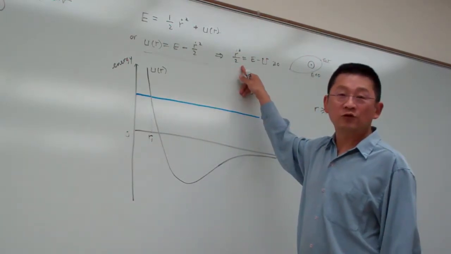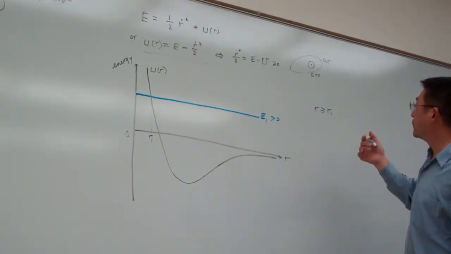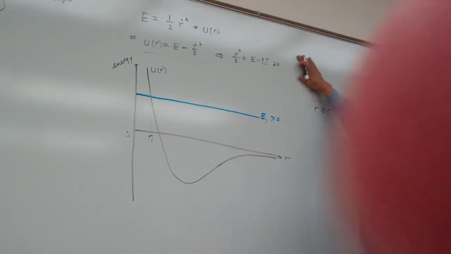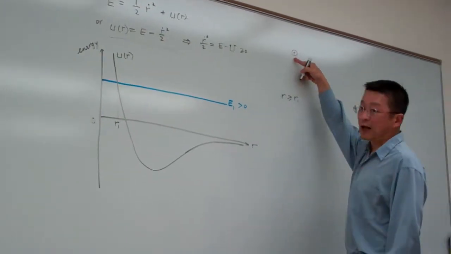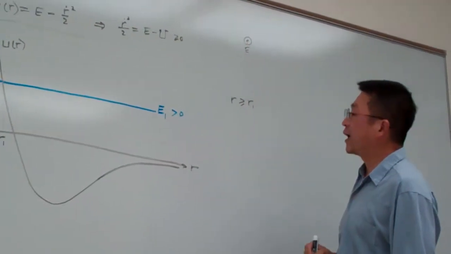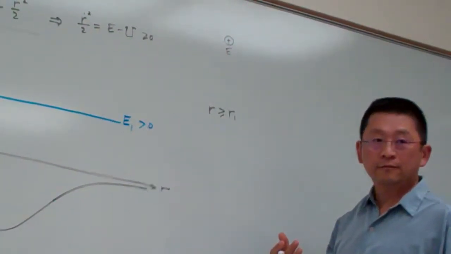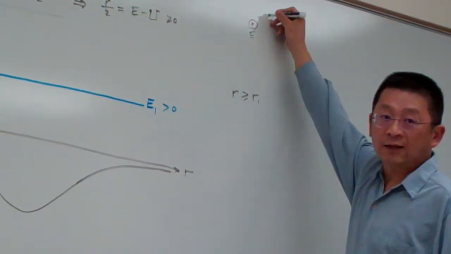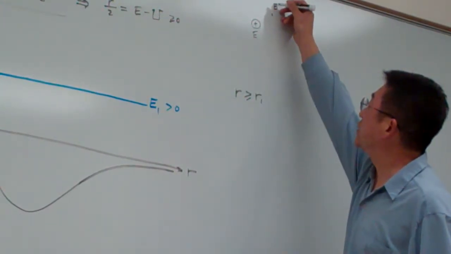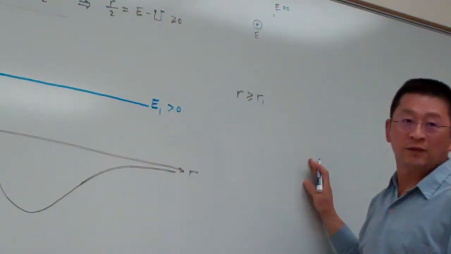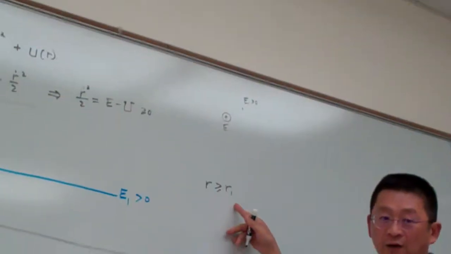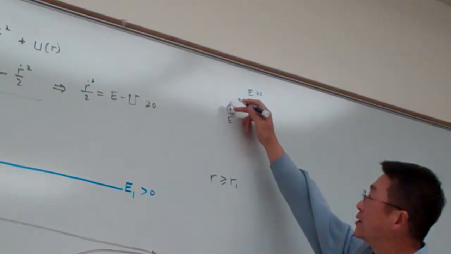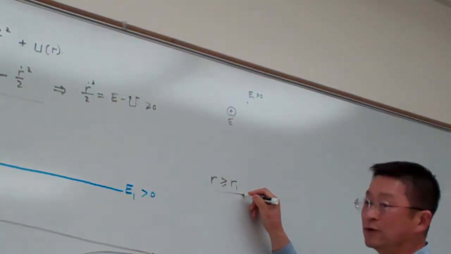So if we have a celestial object, for example Earth, and a satellite or whatever object that is already in space, and that object has the mechanical energy E1, which is positive, then this information tells us the motion of this satellite around the Earth must satisfy this equation.